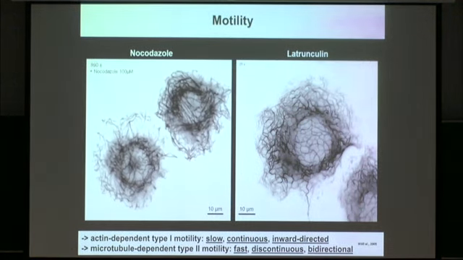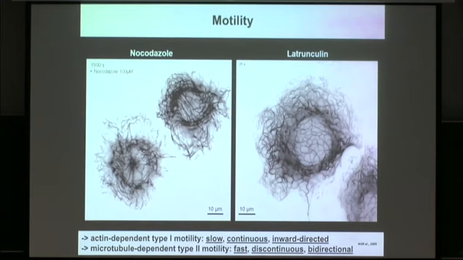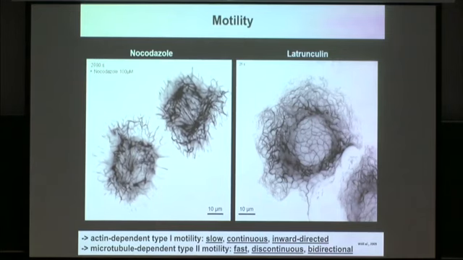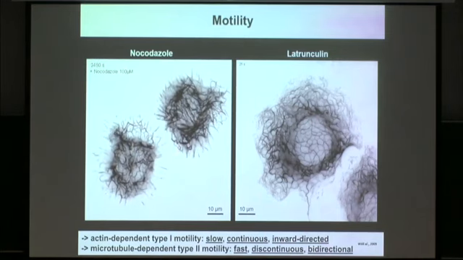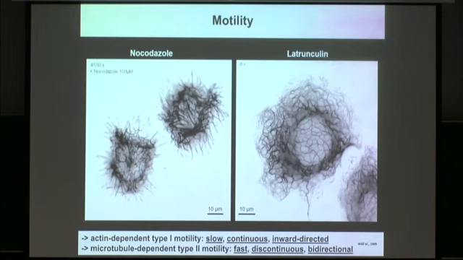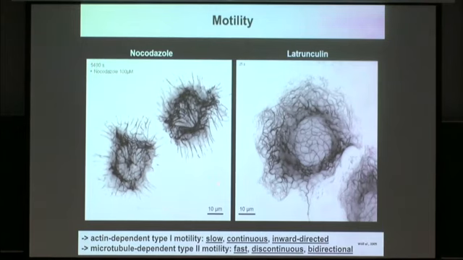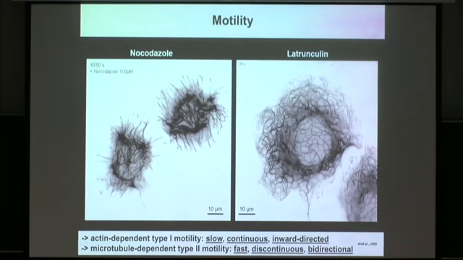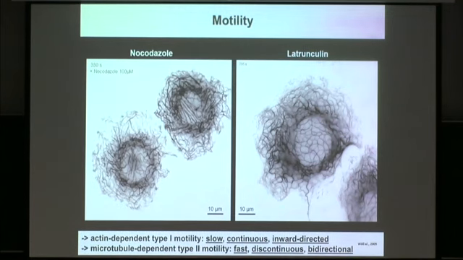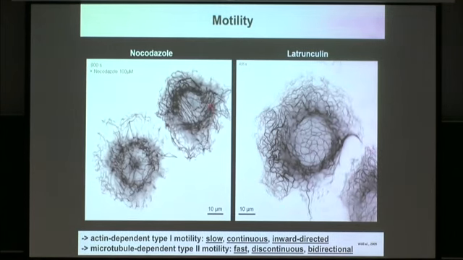So we can actually uncover this kind of motility even better if we destroy the microtubules in a cell. The cytoskeleton collapses, and you find that these particles or even the filaments reorient along actin stress fibers, and you see that the motility of the particles continues in this rather slow, continuous, and inward-directed fashion.